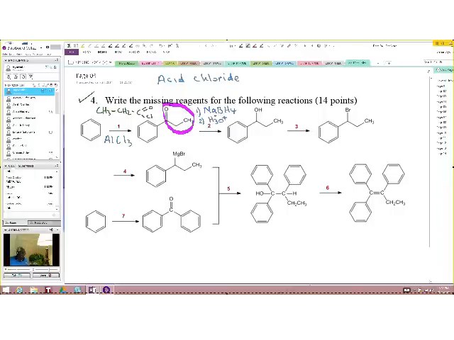Very good. Now we want to go from the secondary alcohol to a secondary alkyl bromide. What reagent do we need? Phosphorus tribromide. Yes, you guys know this, so I think you are getting ready for the exam.